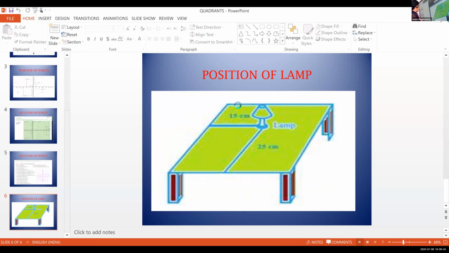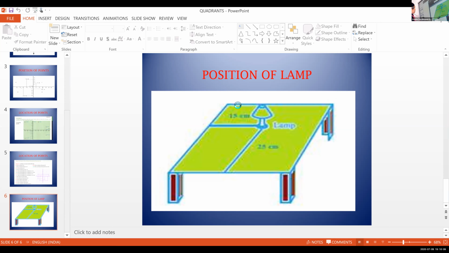How to locate it? From down, it is 15 centimeter, and from the left side also 15 centimeter. So that is the position of the table lamp.